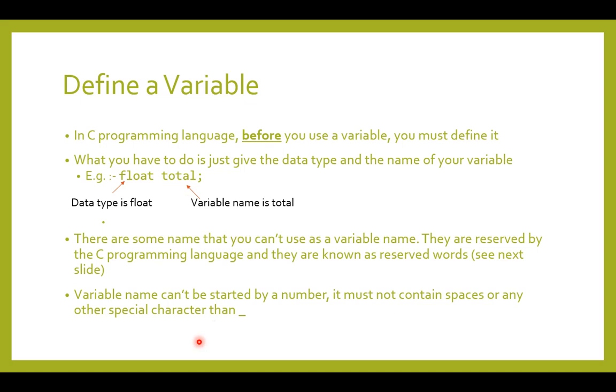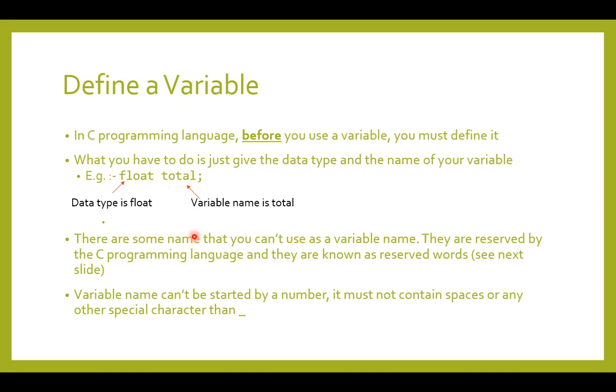And the other thing is, you can't start the variable name with a number. Let's say you can't use a variable like 0total. So 0total is an invalid variable name. You can't use that type of variable name because it started with a number.